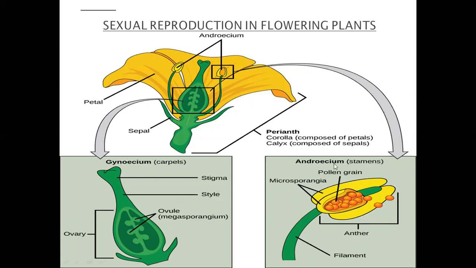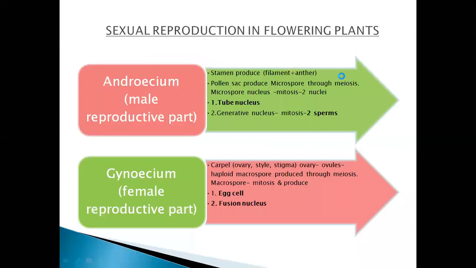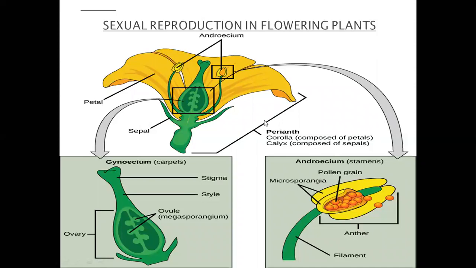Next to it is the androecium. This is the third one, right? This is also a reproductive part, but it is the male reproductive part. If we see its close view here, you can see this part is called the anther part, and this whole region is called the anther part.